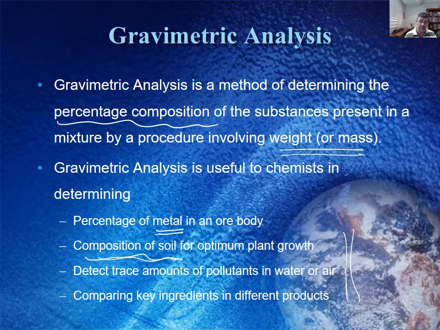Now, sometimes the percentage is sufficient. Sometimes, of course, the amount, particularly if we're looking at something like pollutants, can be very, very small. And in those cases, we might use something like a concentration, grams per litre. Sometimes we might use things like parts per million. And we'll look at these in a little bit more detail in later videos.